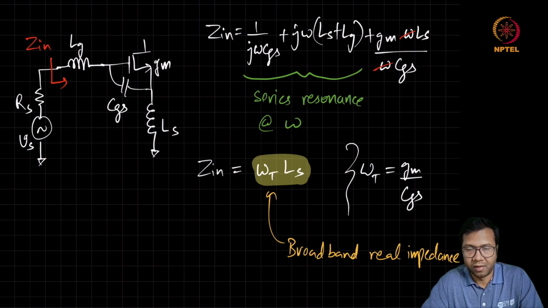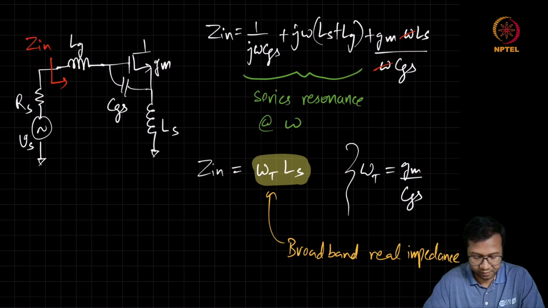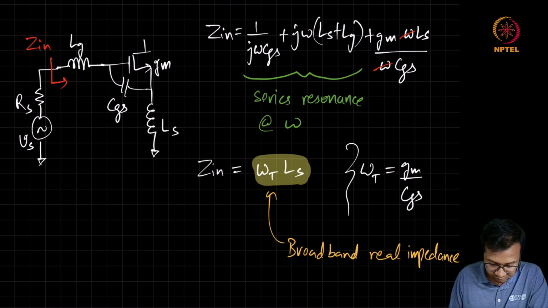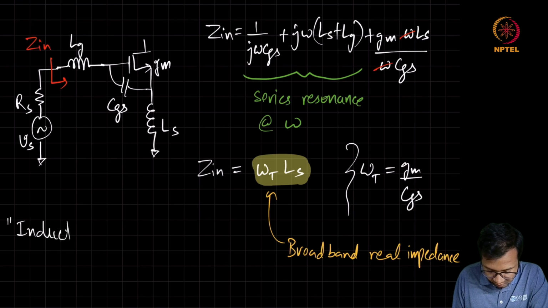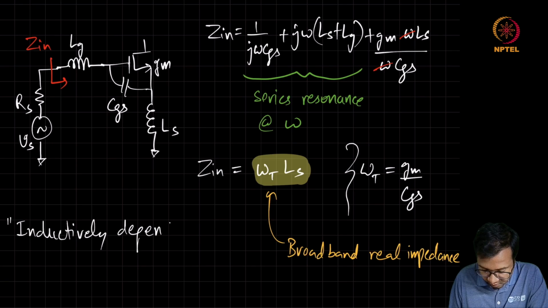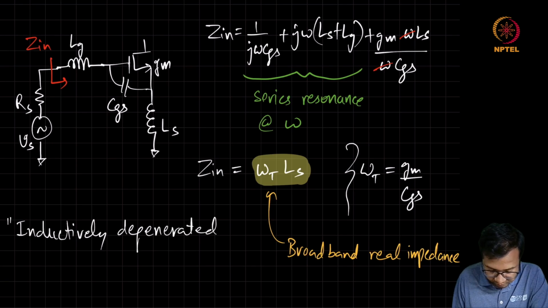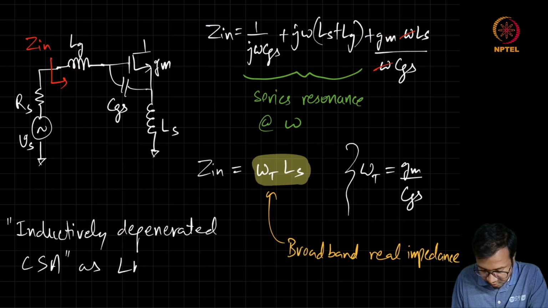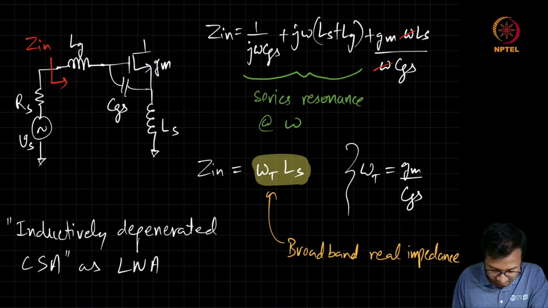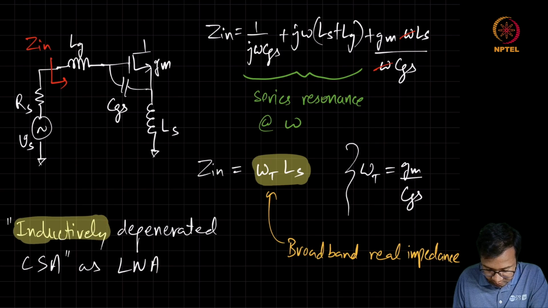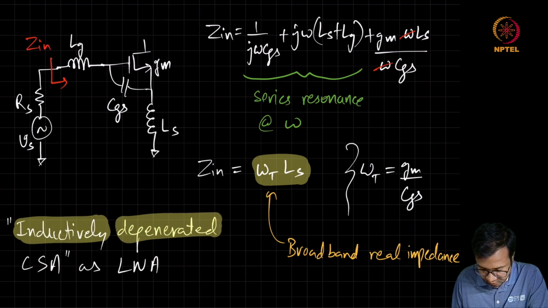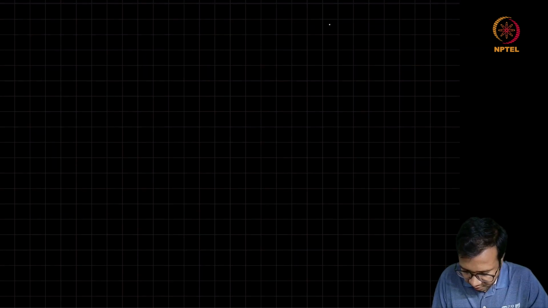And now we are going to analyze this circuit for gain and noise figure. Inductively degenerated common source amplifier. Let me redraw the circuit with the load.